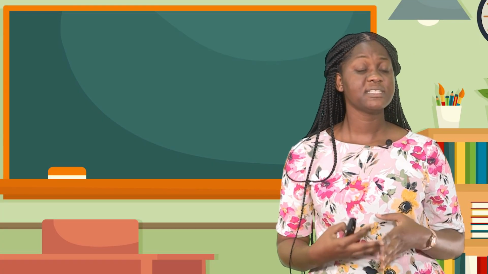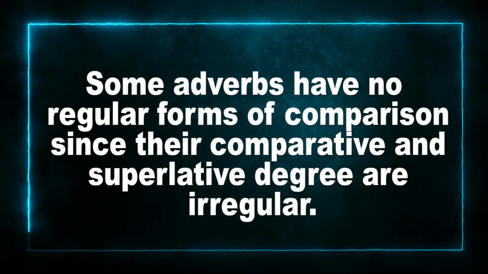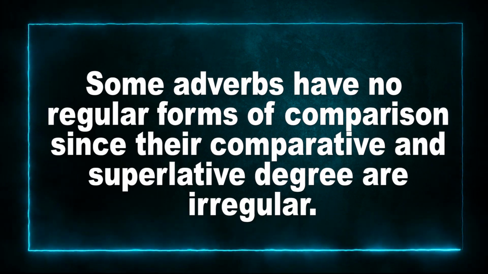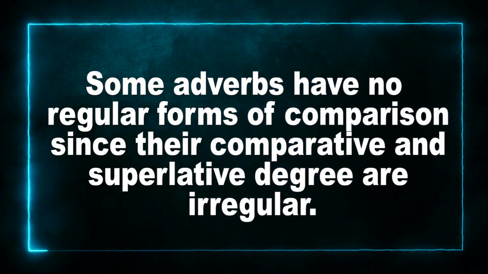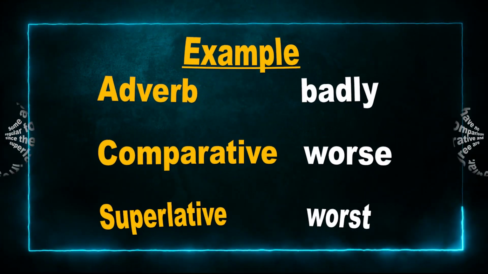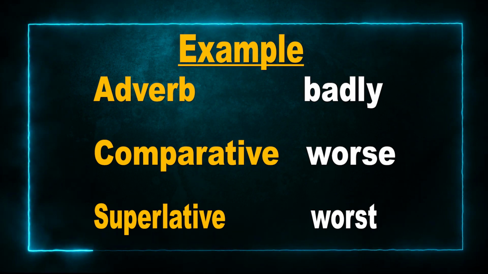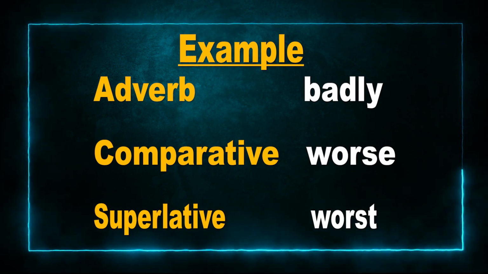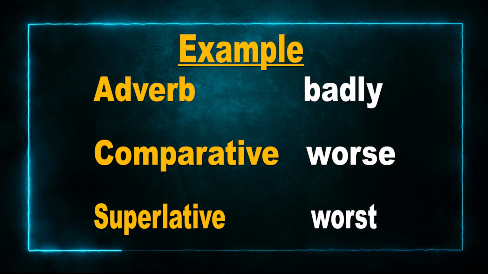Also, just like adjectives, some adverbs have no regular forms of comparison since their comparative and superlative degrees are irregular. Examples include badly, worse, worst. There's nothing such as badlier or badliest.